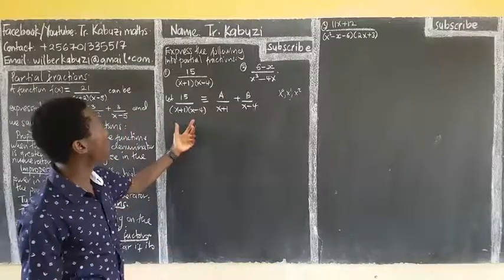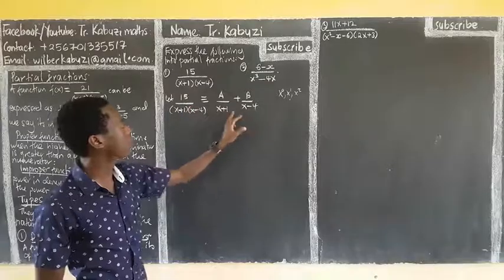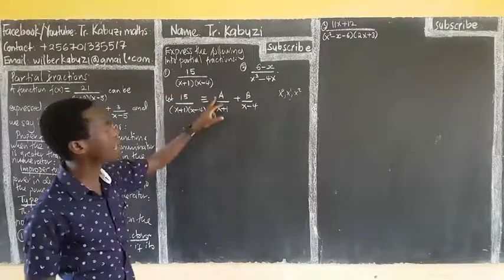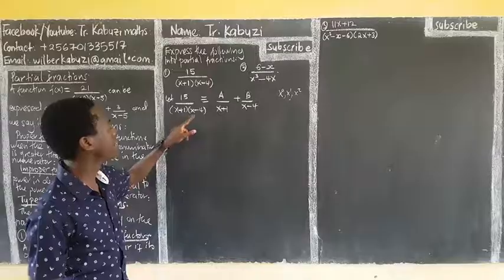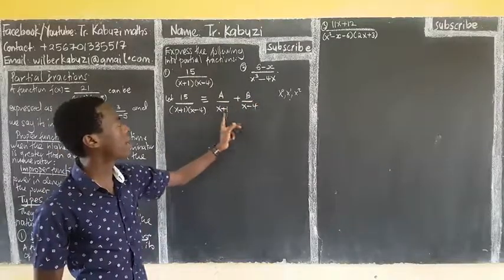Now, from here what we do, we get the LCM. To get the LCM of these two, you get the first numerator like this, plus the second numerator like this. Now we get the LCM. The LCM, we are multiplying these two.